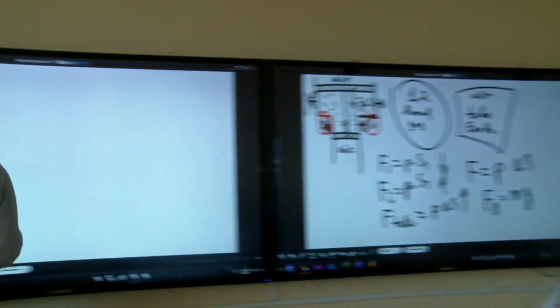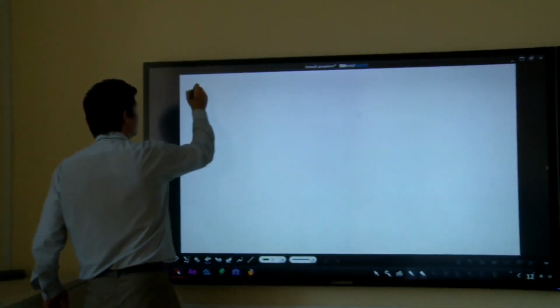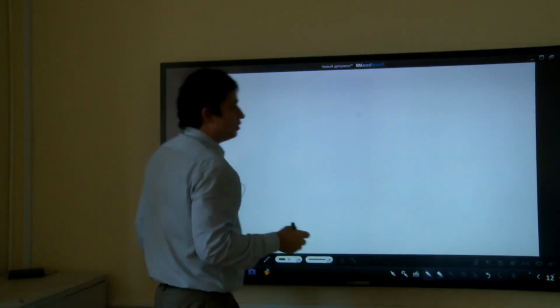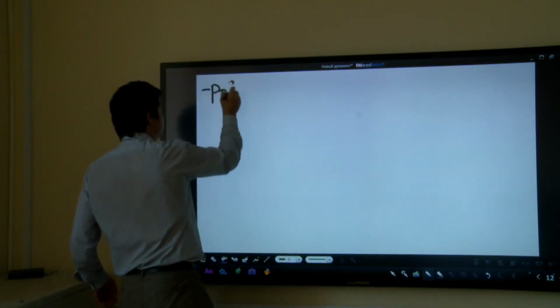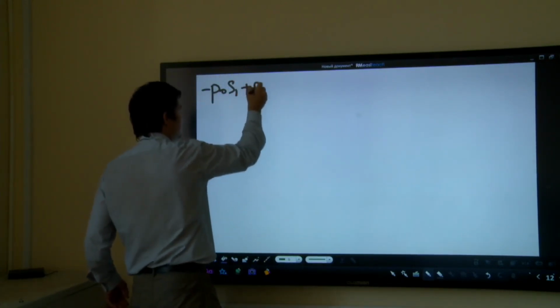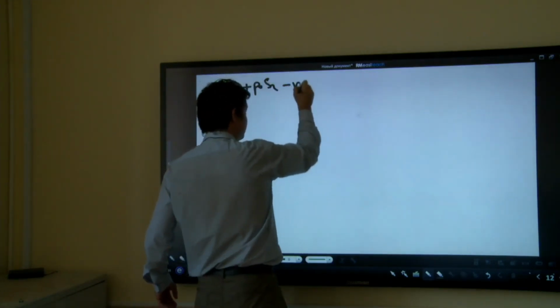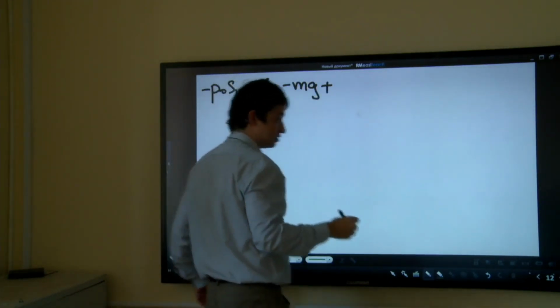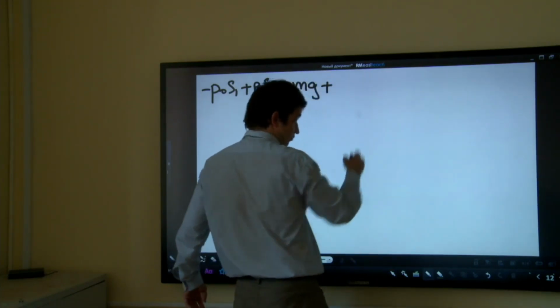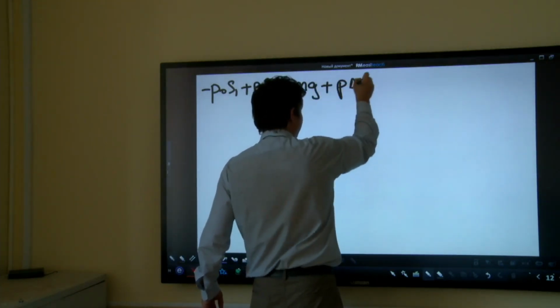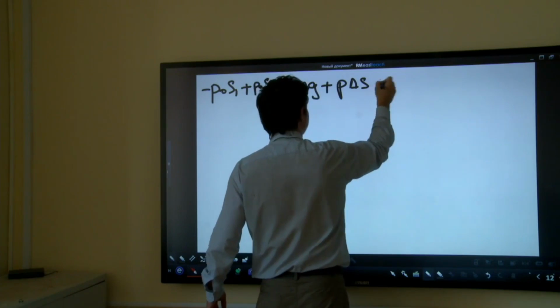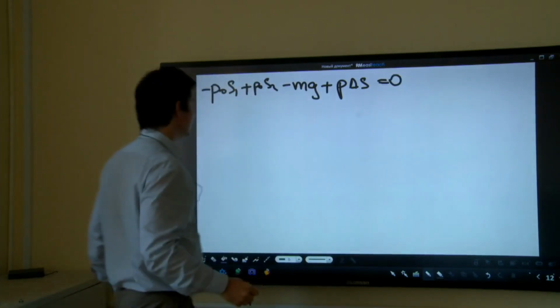Okay, so that would give me minus P0 S1 plus P0 S2 minus mg plus P delta S, and everything is 0 altogether.